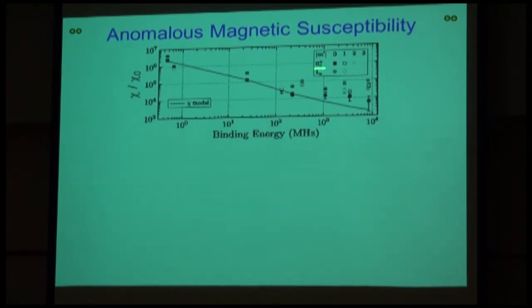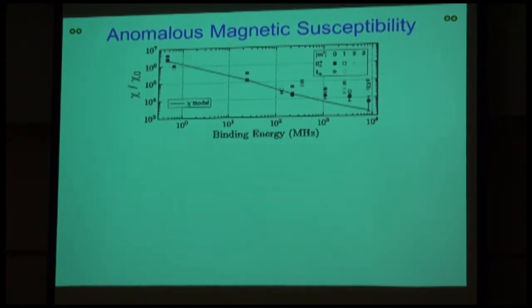So these are plotted for various quantum numbers, but we also have a simple model that's supposed to give you some intuition and predict and explain these large shifts. That simple model is plotted here as a gray line. The model is only applicable to some of these black square points, and it actually agrees very well with them.